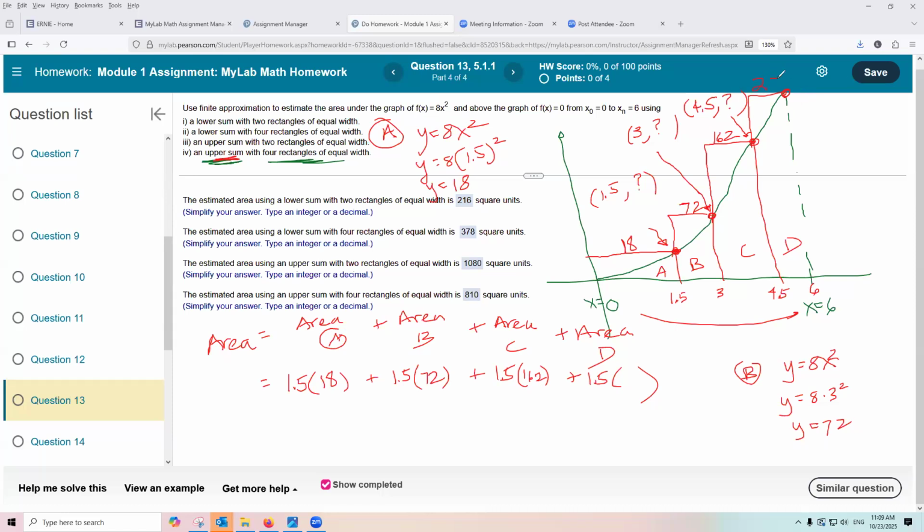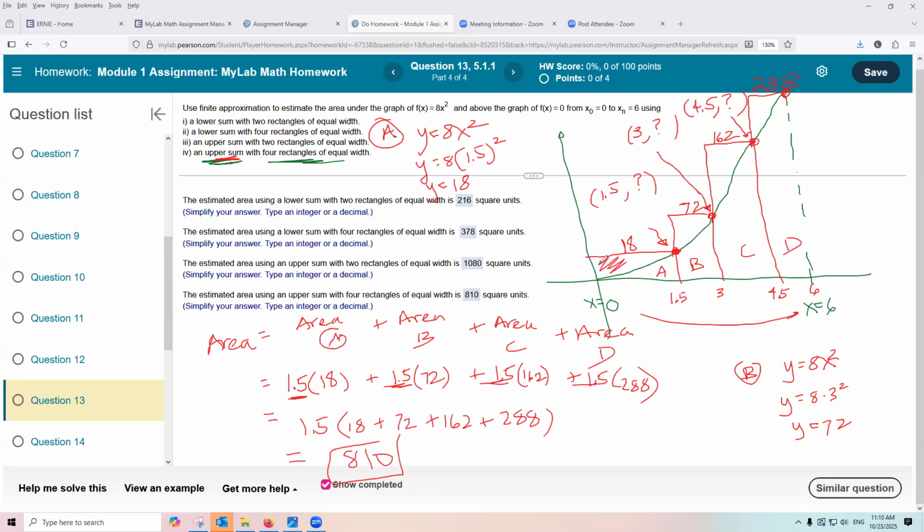The height of this is 288. All right, and to make things a little easier here, I can actually factor out a 1.5 in front, to make the calculation a little easier. 18 plus 72 plus 162 plus 288. And if I work this out, I should end up with the answer 810.